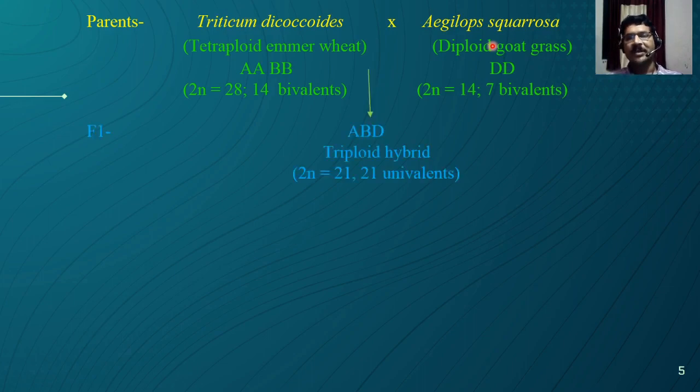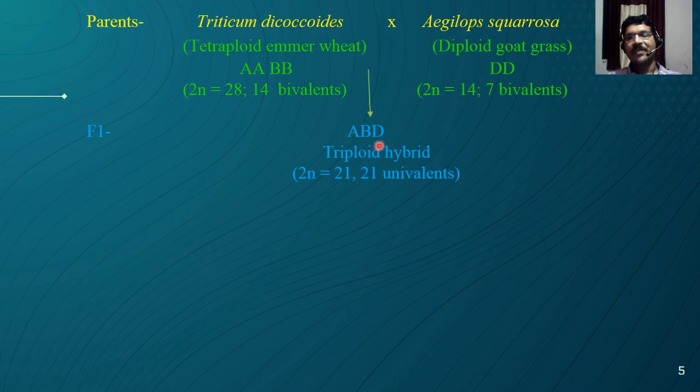Now if we cross them, they will give rise to a hybrid, and the hybrid is no doubt a triploid hybrid, because it receives 2 sets of chromosomes from one parent, Triticum dicoccoides, and 1 set of chromosomes from Aegilops squarrosa. As the tetraploid plant, it will give 14 chromosomes to F1, and the diploid plant will give only 7 chromosomes to this F1 plant.